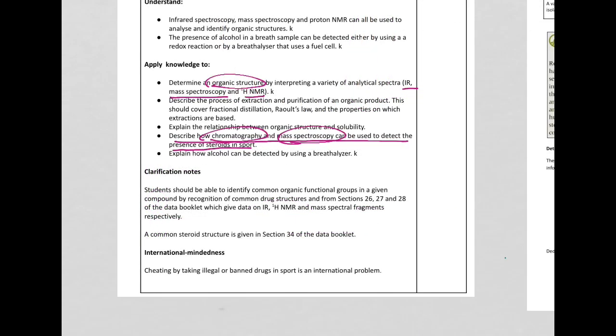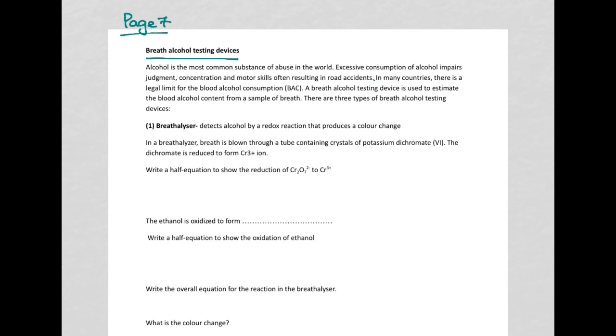The next objective that we'll see is how alcohol can be detected using a breath analyzer. Let's now see breath alcohol testing devices. Now we know that injuries and death due to driving under the influence of drugs or alcoholic beverages is a serious problem.